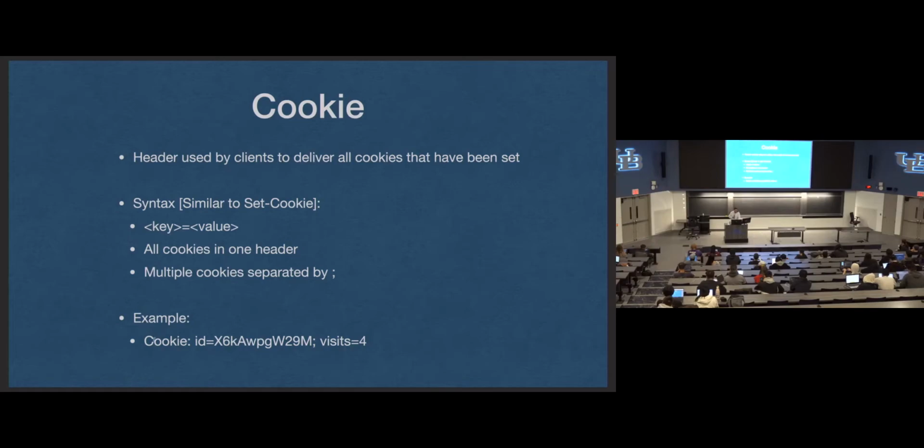So when you get this cookie header back, and you have multiple cookies, they'll be separated by a semicolon. Other than that, it's the same format that we set the cookies in. So you're going to have multiple cookies by the end of homework 4, by the end of objective 2, actually. You're going to have an authentication token as a cookie and the visit counter as a cookie.